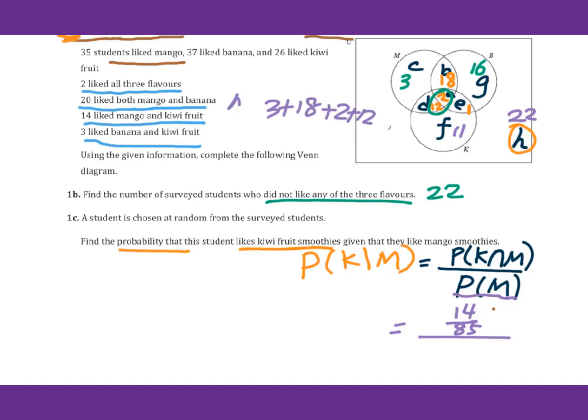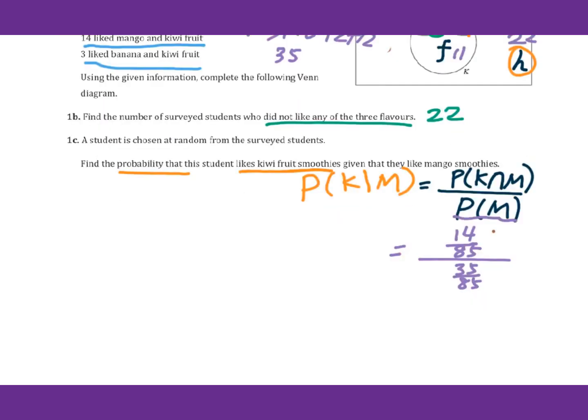That's for the M. Get 35. So 35 over 85. Now reduce 14 over 35. Reduce again 2 over 5.